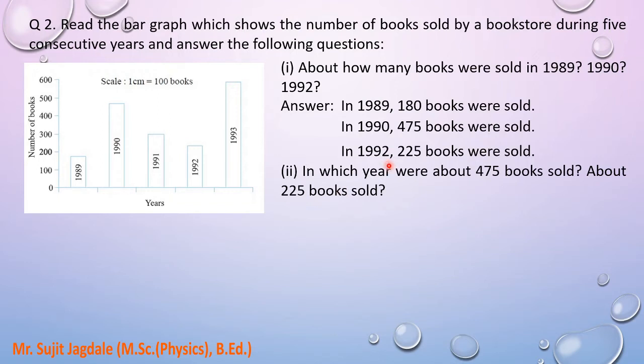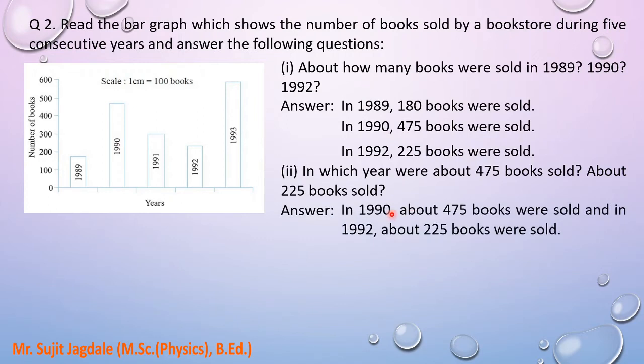Now already we have seen in the first question, here 475 books and here 225 books. So in which year were those sold? In 1990, 475 books were sold. So what will be our answer? In 1990, about 475 books were sold, and in 1992, 225 books were sold. Okay, so that is question number two.